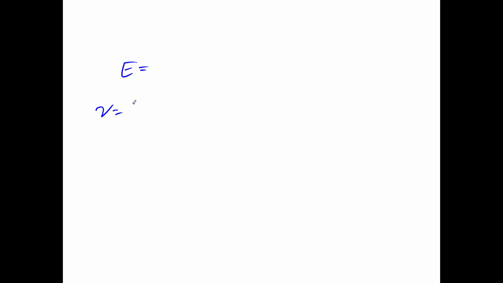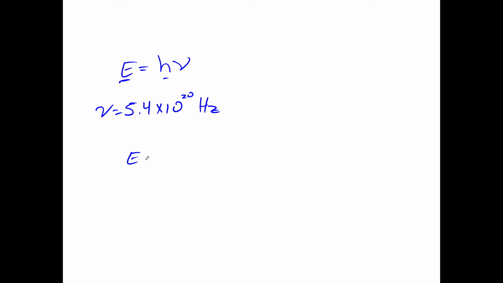So nu is 5.4 times 10 to the 20th hertz, or per second. And we want to know what the energy is. Well, the energy is equal to this. This is given to us.